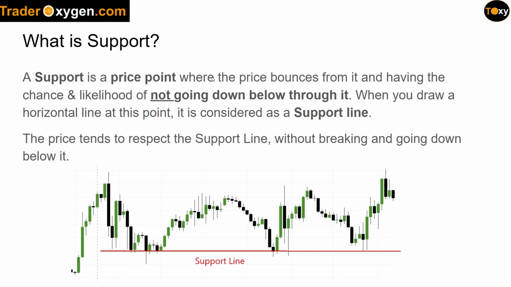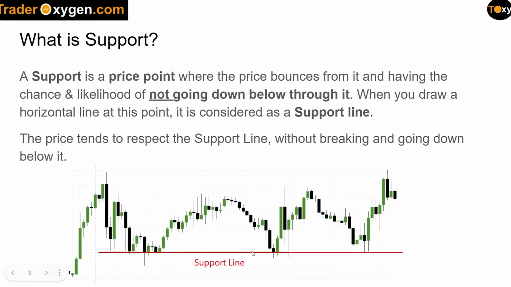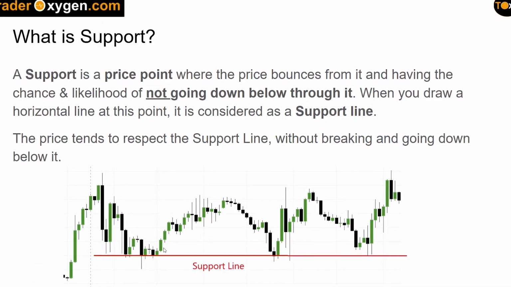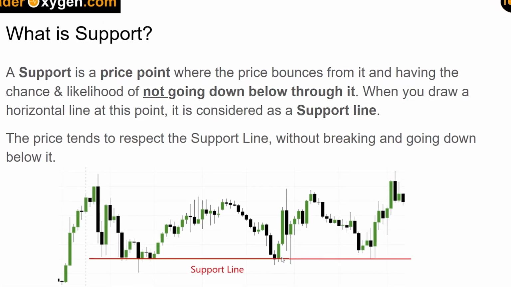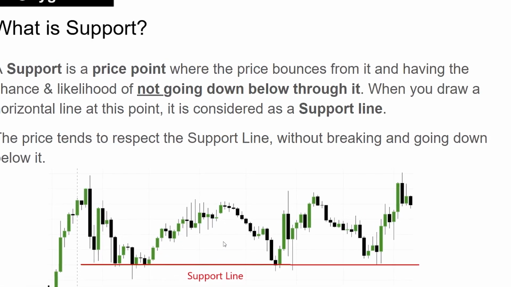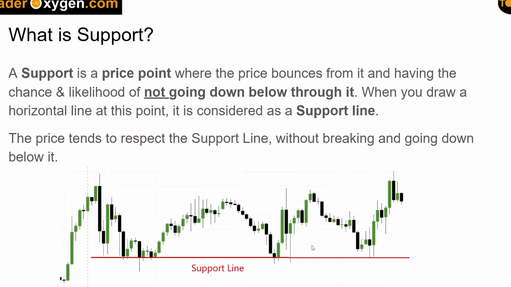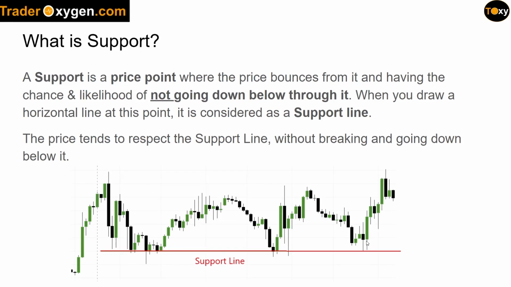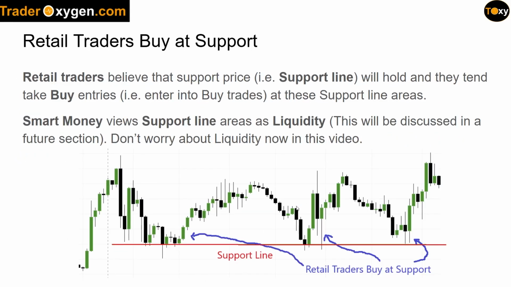A support is a price point where price bounces from it. As you can see, the price is bouncing and has the likelihood of not going below it. So when you draw this horizontal line, you consider it a support line. Usually the price tends to respect support lines without breaking and going down below it.